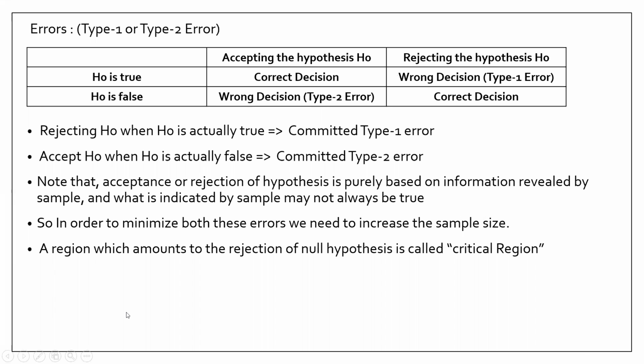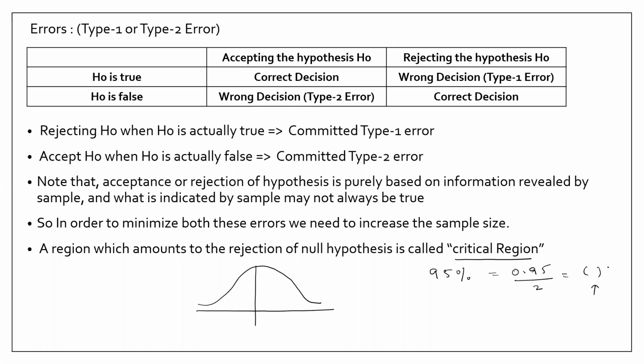Anyway, a region which amounts to the rejection of the hypothesis is called the critical region. In the previous class, I told you how to find the critical value for a confidence level of 95%. We take 0.95, divide it by 2, and get some value.